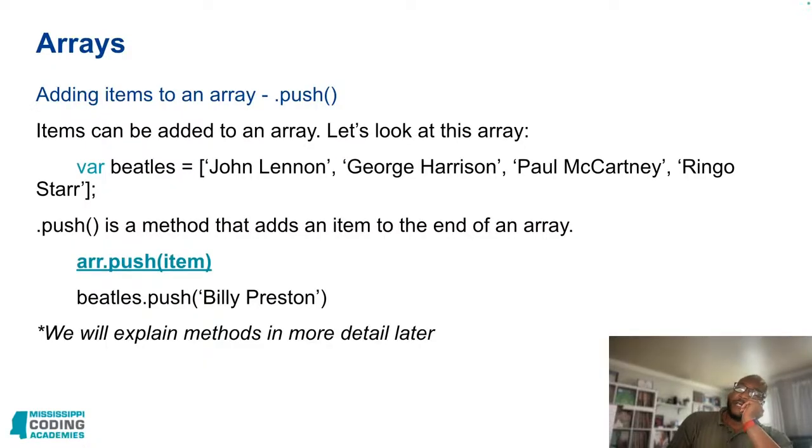All right, so now we've looked at that. Let's look at how we can add to an array, because there are plenty of times that you want to do something like that. To add items to an array, one thing we can do is use what's called the push method. So dot push is one of the methods on arrays.